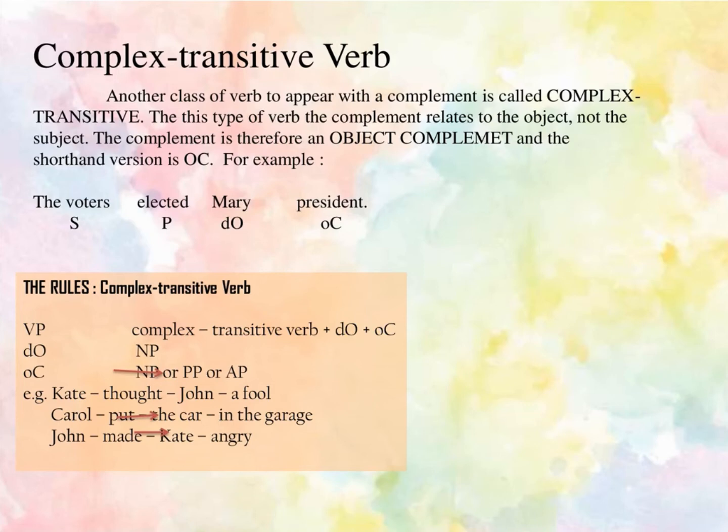An example of a noun phrase: Kate taught John a fall. An example of a prepositional phrase: Carol put the car in the garage. And the last example, of an adjective phrase, is John made Kate angry.